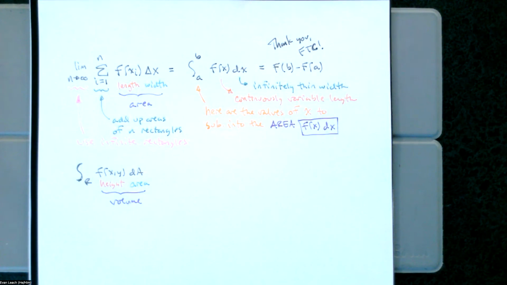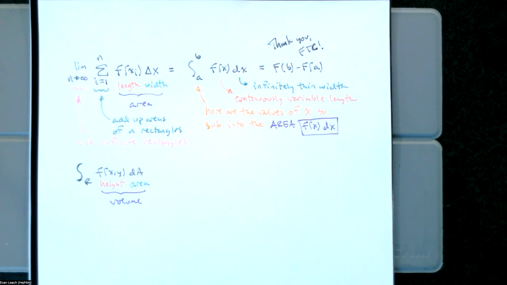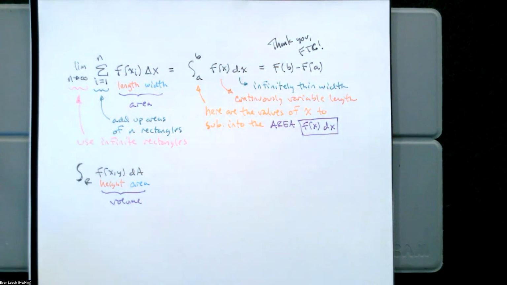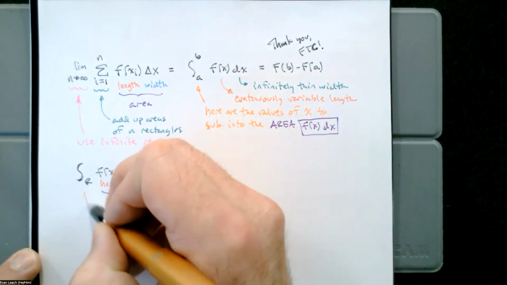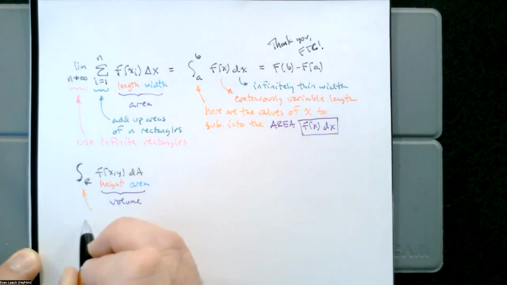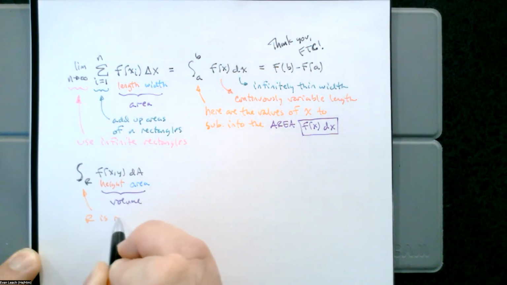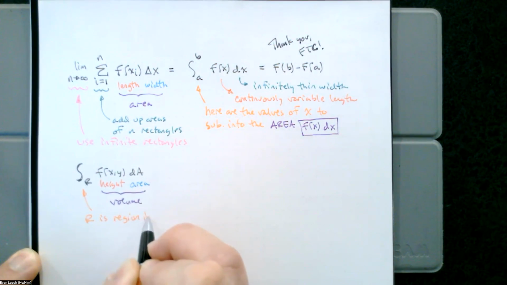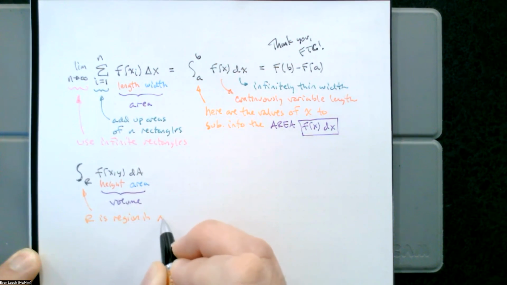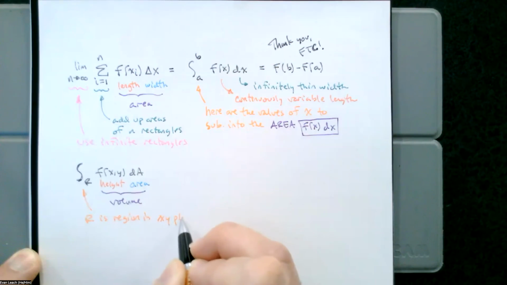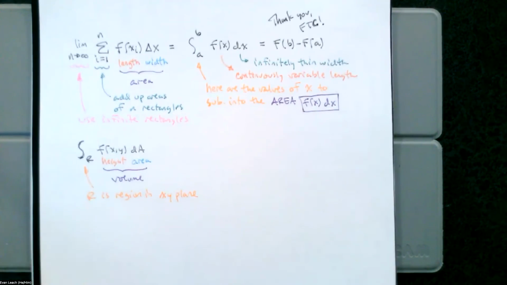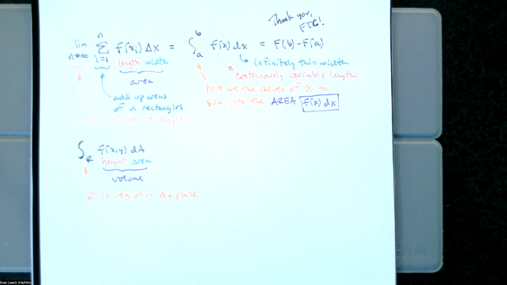The integral over R part is all the points in a region, a bunch of values of x and y. R is some region in the xy plane, and we're going to take all the points from that region and plug them into the expression.